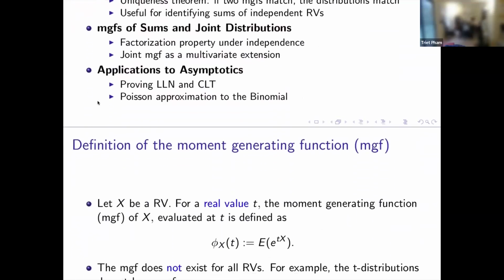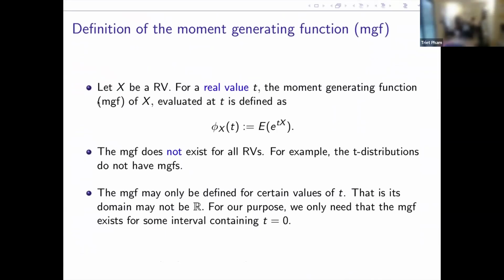All right, so definition. The definition actually is simple. The moment generating function is just the expectation of e to the tx, whatever random variable X is. And so right away, even within this definition, several things should be said about it.